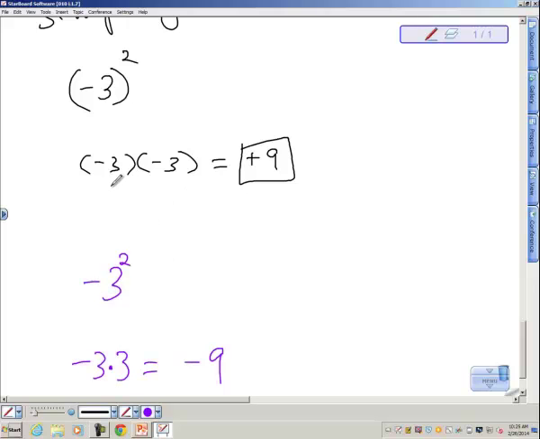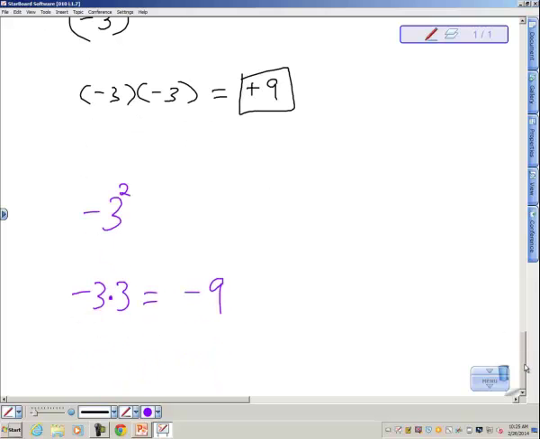Think of it this way: if you had x y in parentheses squared, you would square everything in the parentheses, so that would be x squared, y squared.